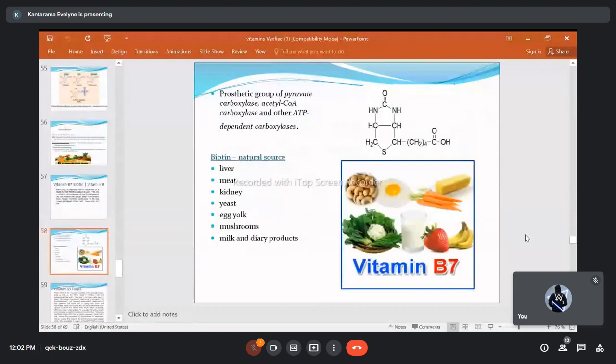It is a prosthetic group of pyruvate carboxylase, acetyl-CoA carboxylase, and other ATP-dependent carboxylases. Biotin is very important. Among B complexes, the most involved in energy metabolism is biotin. These are natural sources of this vitamin.